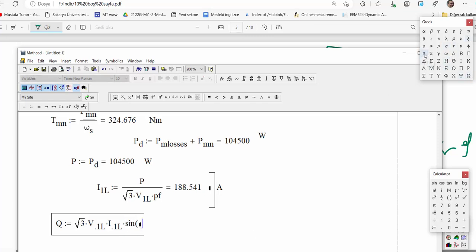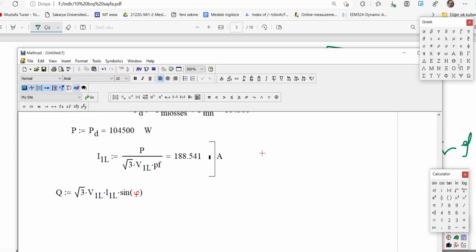Houston, we don't know sine phi. We know phi is the angle having a value of arc cosine of power factor, which is 0.8.